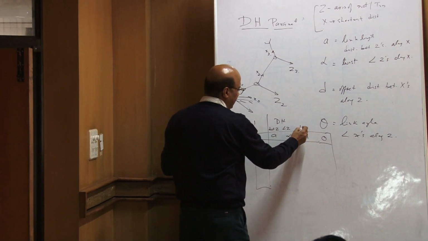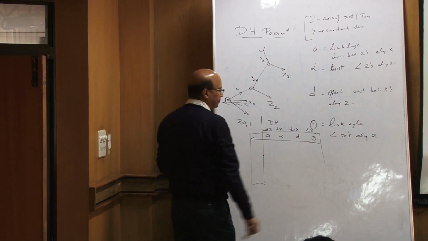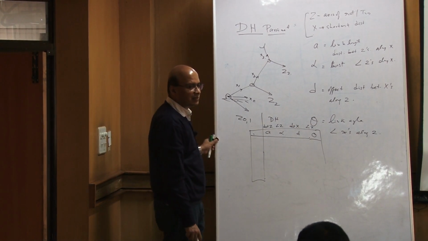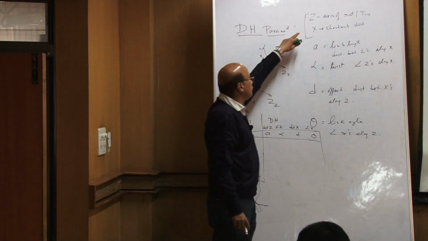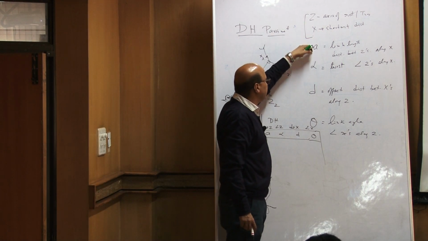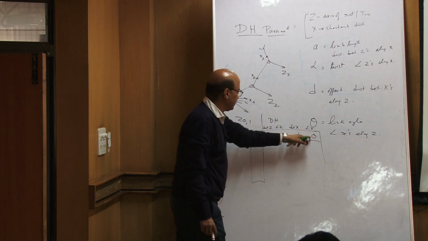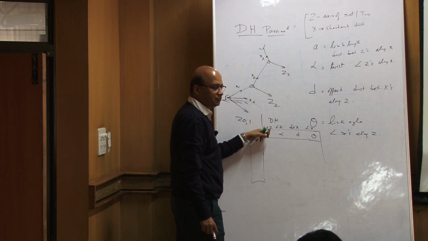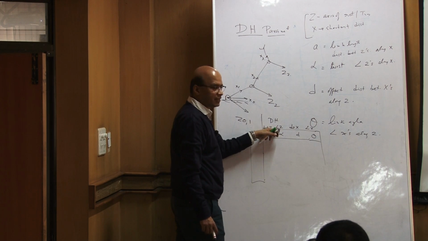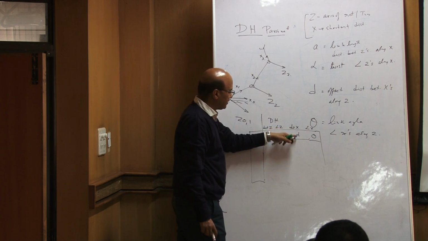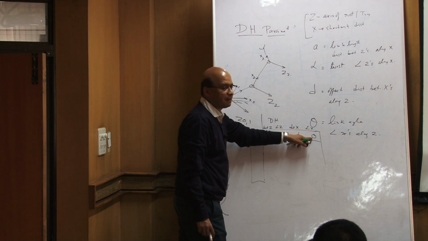This is the distance between x, this is the angle between x. So we start off systematically by putting the z axis, then the x axis, then I find A, alpha, d, theta in this table form. A is the distance between the z axes, alpha is the angle between the z axes, the distance between the x axes is d, and the angle between the x axes is theta.